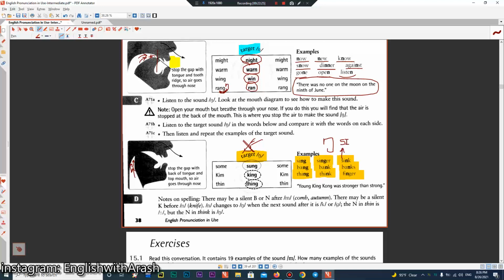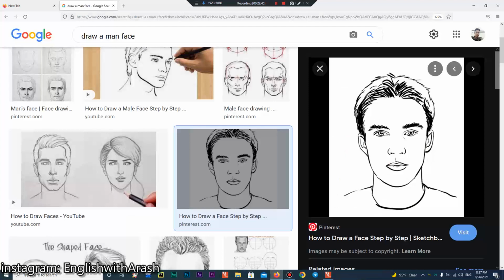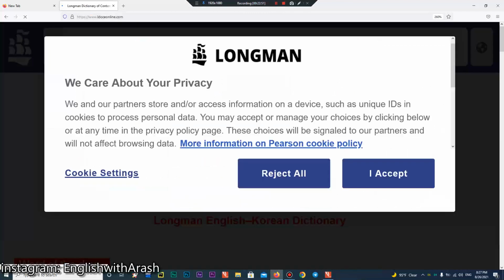You have sing, and then you have k. That's what I think it's probably that. So you say sing, and then you add k. Sink, sink. You can also check it in the dictionary to make sure. So let me show you. Sink.